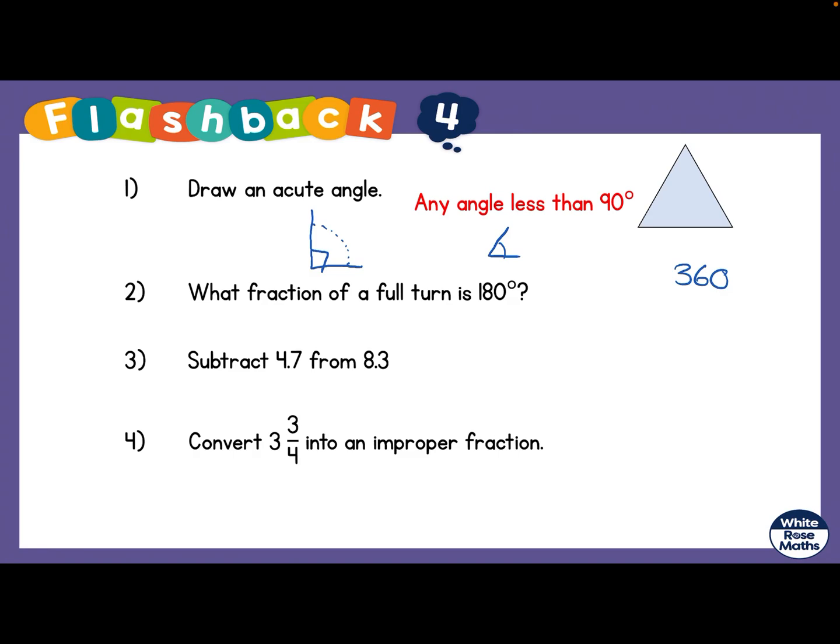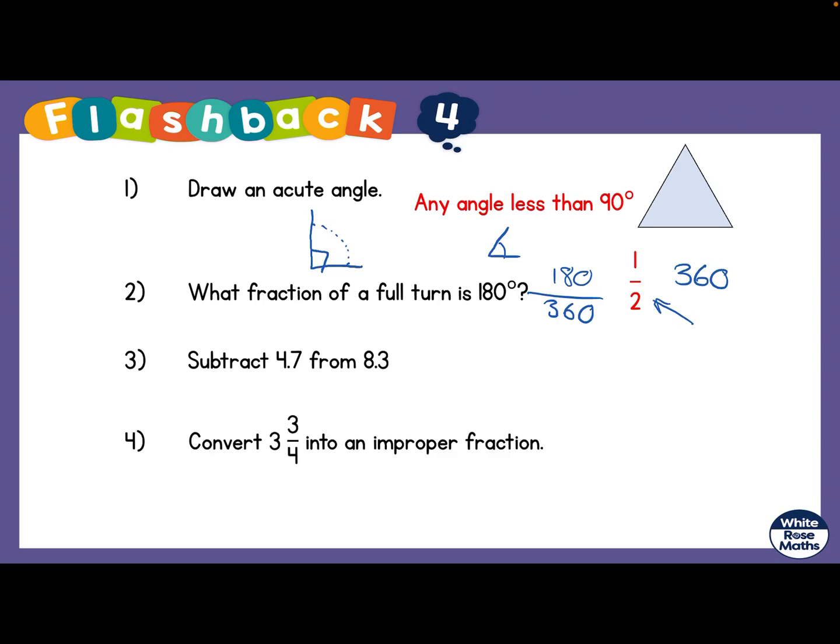So how many 180s? Of course there are 2. Therefore that's our denominator, and it is a half. You could have put 180 over 360. That would also have got you the mark. It could be anything where your numerator is half of your denominator. But the main one here is half. We know it's a half turn.